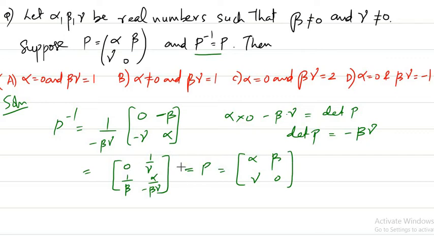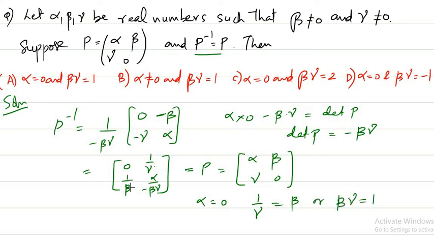Now if you compare, you can see what alpha is. Alpha you're getting is 0, and 1 by gamma is equal to beta, from which you get beta gamma equal to 1.